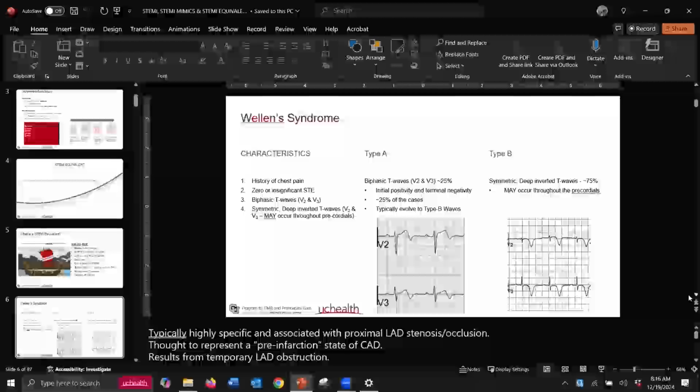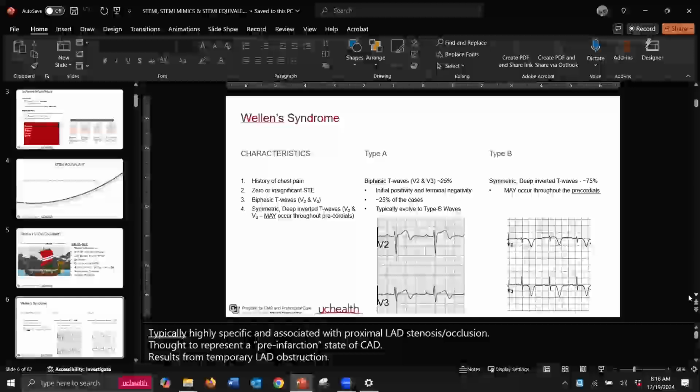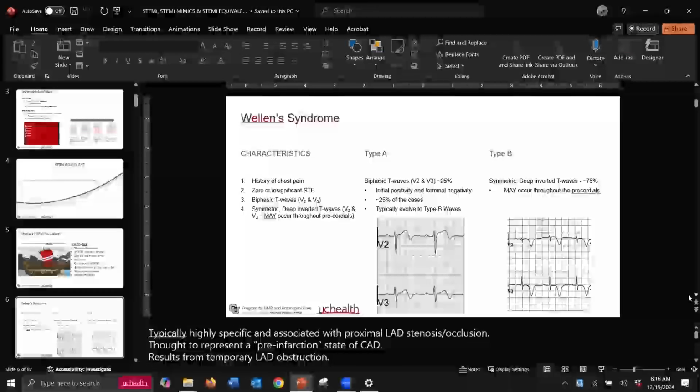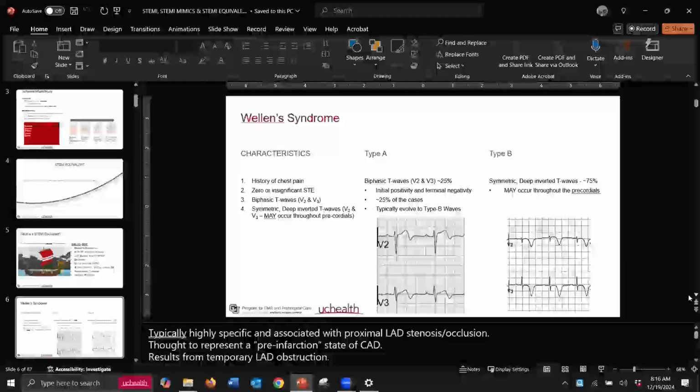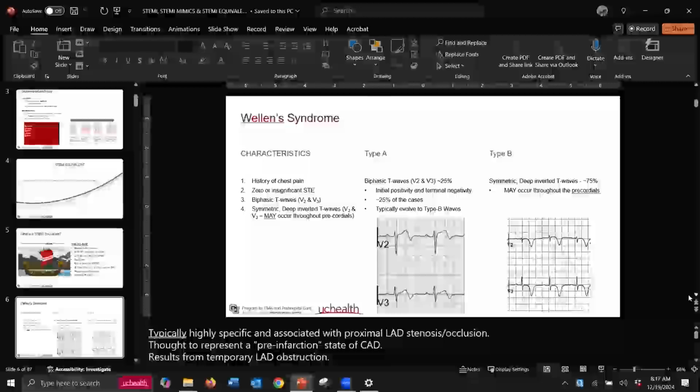So zero or insignificant ST elevation. Insignificant meaning it doesn't meet STEMI alert criteria, okay? So less than that 1 millimeter, but it's still there. Biphasic T waves, specifically in V2 and V3, and then they are typed, okay? Type A is typically that occurrence right after chest pain, and that will typically evolve into a type B, which is typically throughout the precordials.